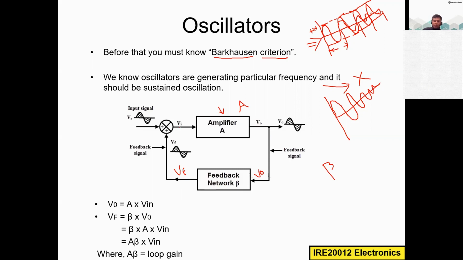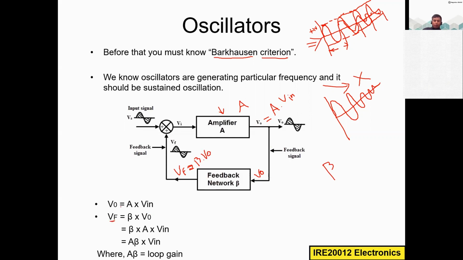Just as VO is equal to A times V in, here we apply VO and the gain is beta. So VF is equal to beta times VO. This is the output of the feedback network.